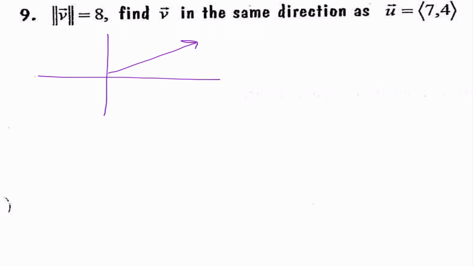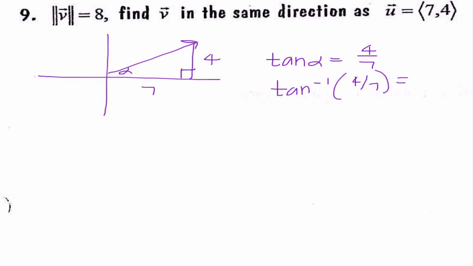This is in quadrant 1. It's going to the right 7 and up 4. And this is the one that I kind of told you earlier is the easiest because this is actually the angle we want to look for. So I'm going to say tan of alpha equals 4 over 7. So tan inverse of 4 over 7 equals, I'm typing this in right now, 4 divided by 7.